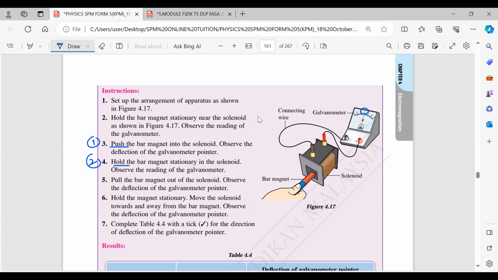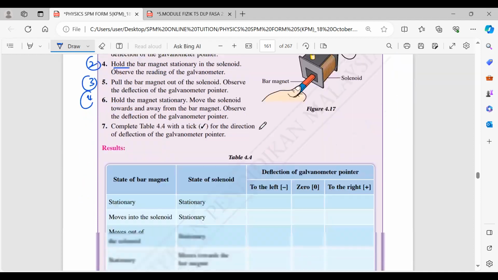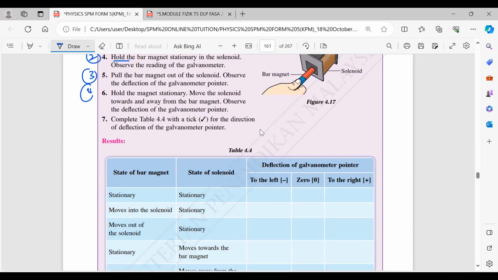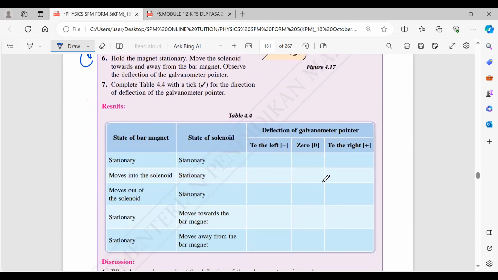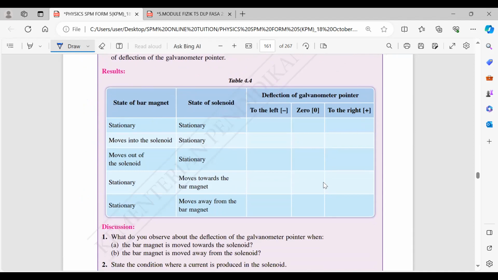Third, pull the bar magnet out of the solenoid, observe the deflection. And the fourth one, hold the bar magnet stationary, move the solenoid towards and away. Then complete the table with a tick for the direction of the deflection of the galvanometer pointer. When both are stationary, the deflection of the galvanometer will be 0.